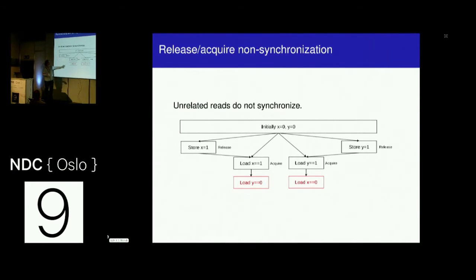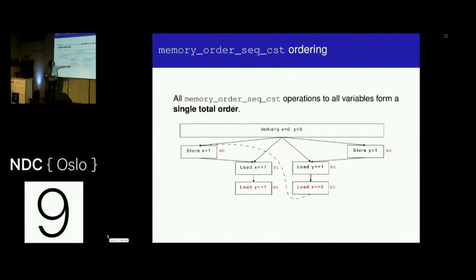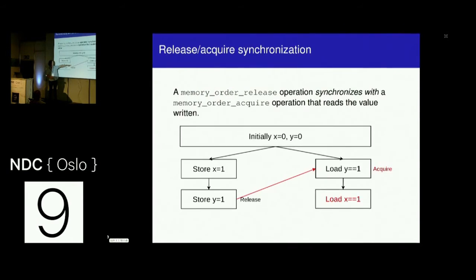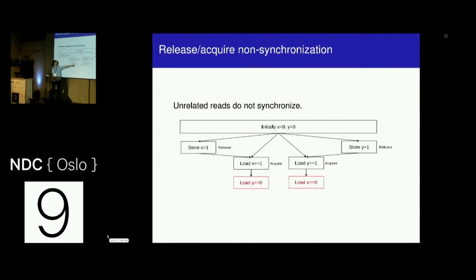So whereas before, we had that if we get y is 1, x is 0, x is 1 means we must have y is 1 over here, now we're allowed to have y is 0, x is 1, y is 0, or y is 1, x is 0. So you can get inconsistency from the views between threads.